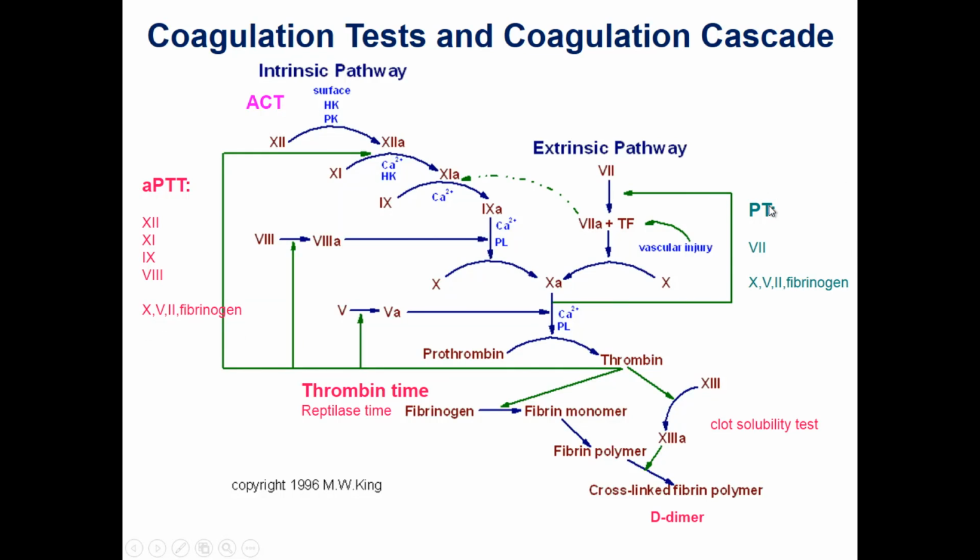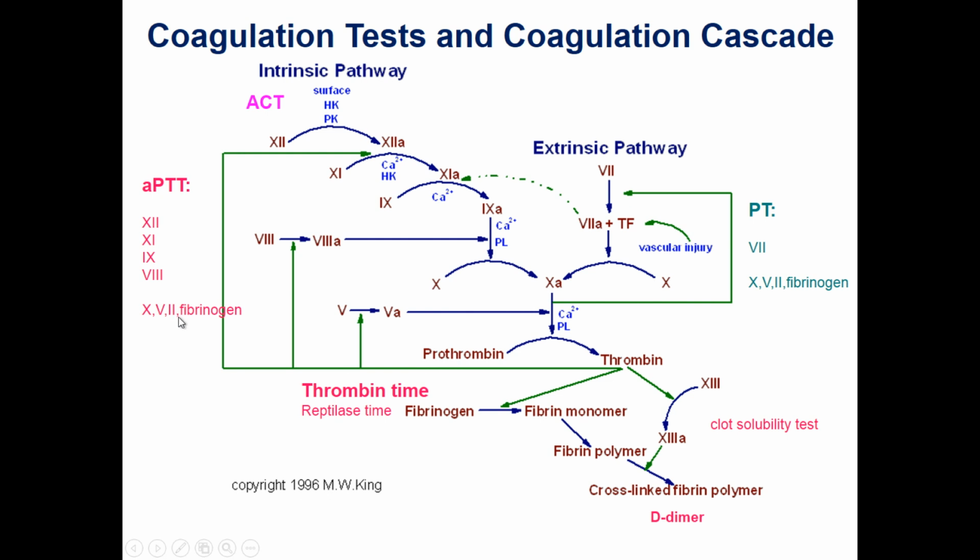So the PT is basically measuring the extrinsic pathway and the amount of factor VII available to participate in coagulation, whereas the APTT is dependent on factors 12, 11, 9, and 8. If there are abnormalities in any of these factors, the PTT will be prolonged.